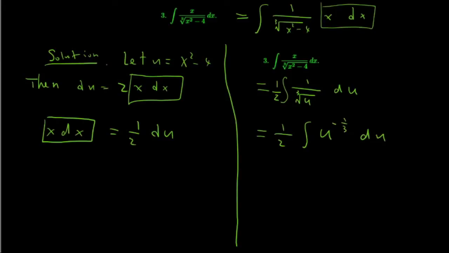Now we are ready to apply the power rule to get the antiderivative of u to the power of negative 1/3. So we have 1/2, and u to the power of negative 1/3 plus 1. I'm talking about the power rule. Negative 1/3 plus 1 is 2/3.